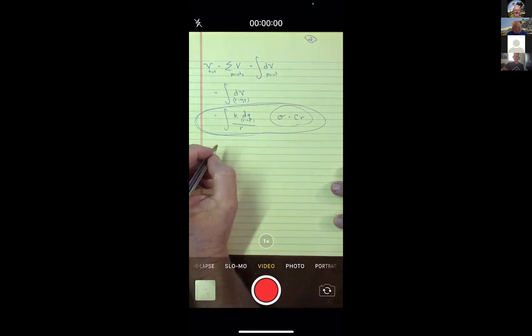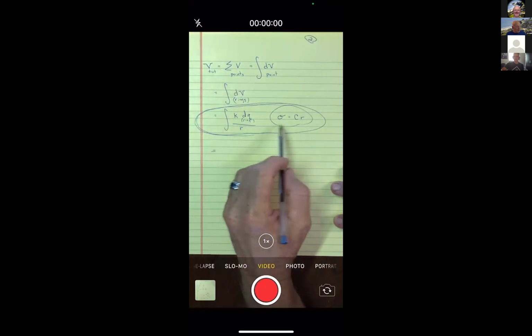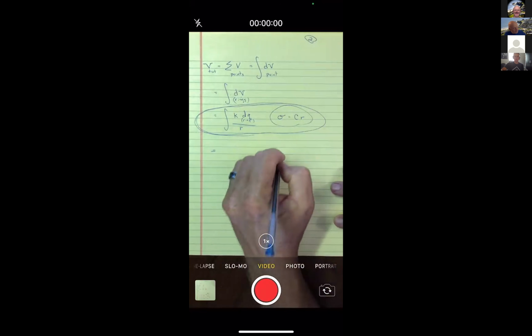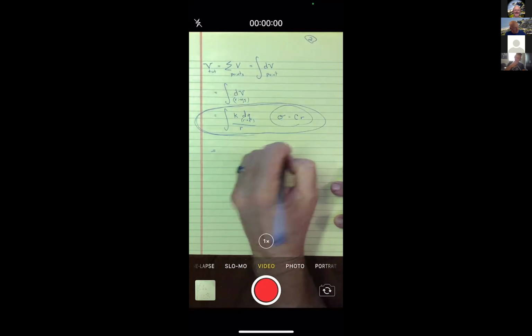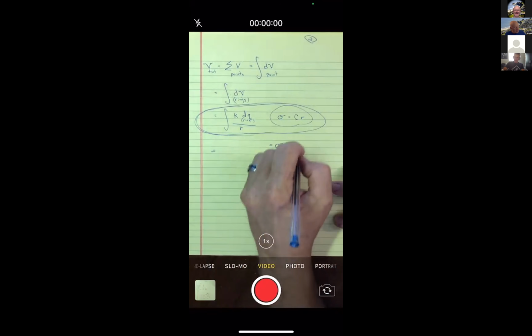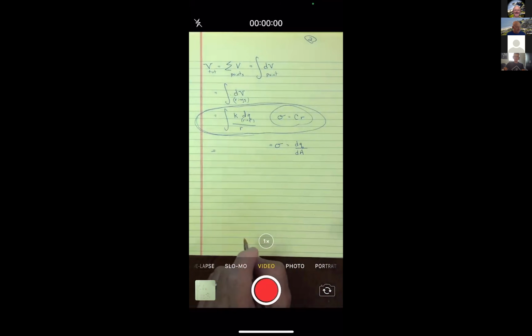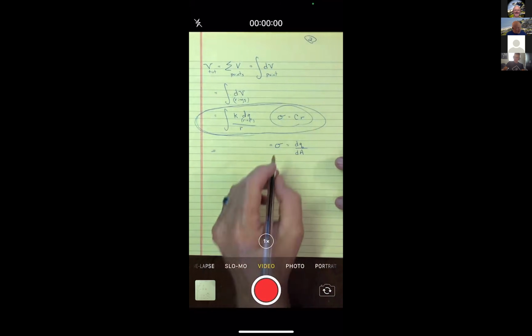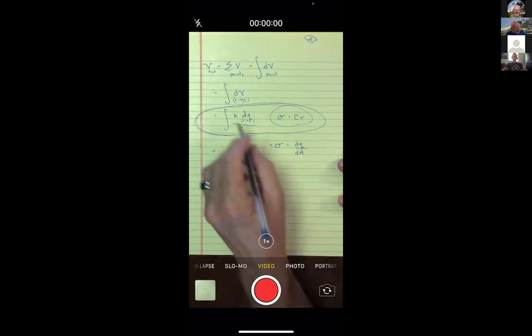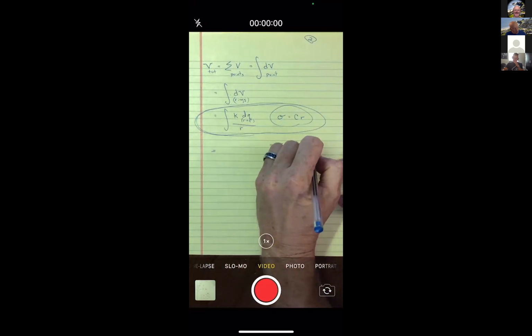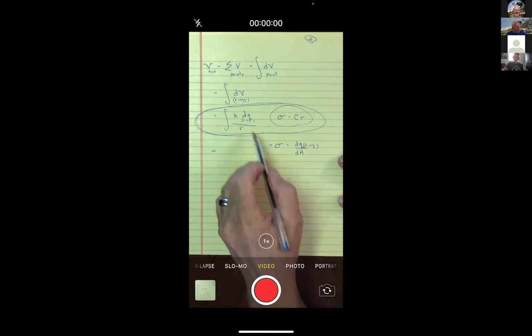All right, so this is what I was doing for that rod. Remember what sigma equals. Sigma is how much charge per area. Okay. So if I'm talking about adding up a bunch of rings, if I'm going to use this equation, I want to know the charge on a ring.